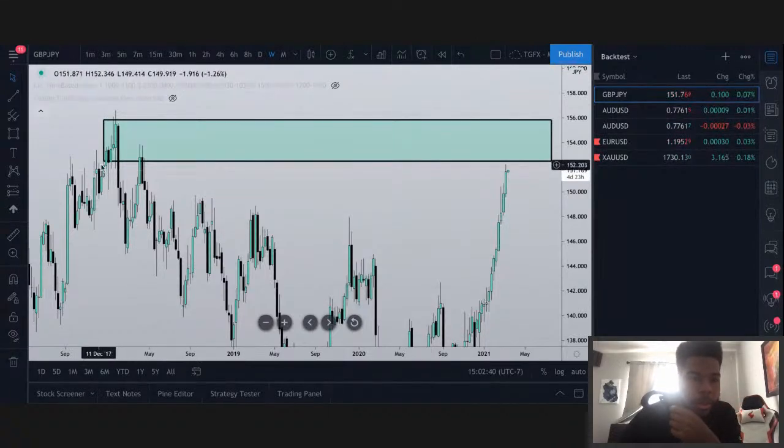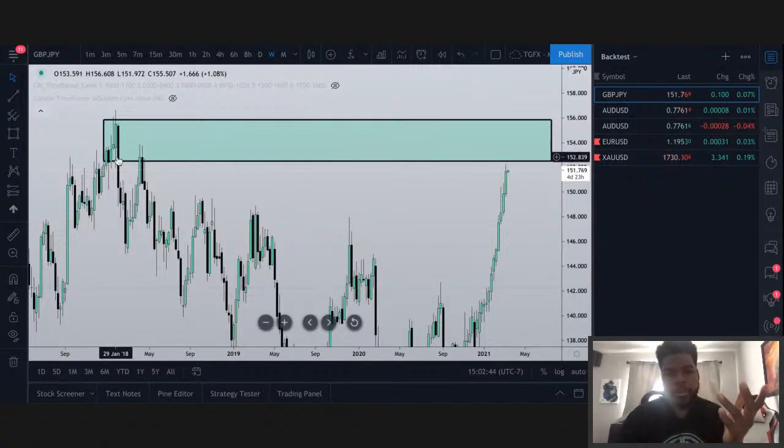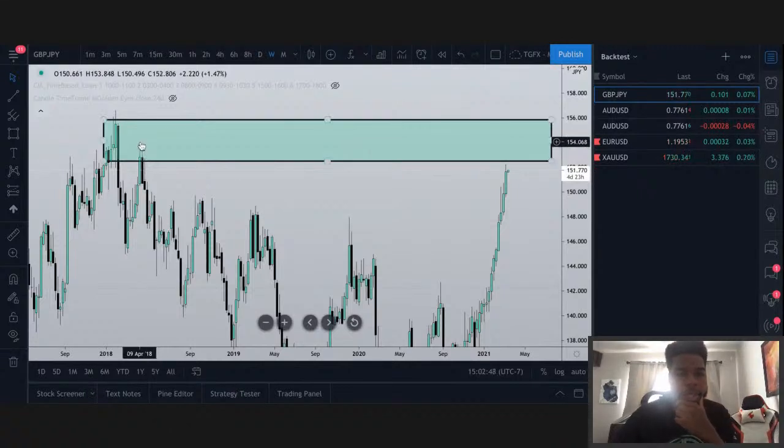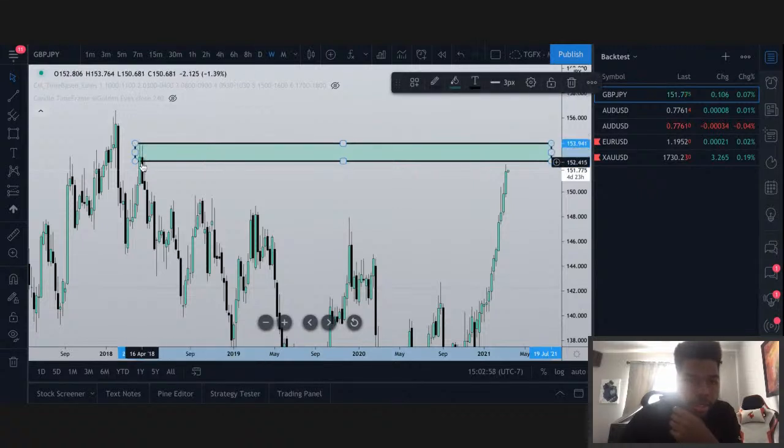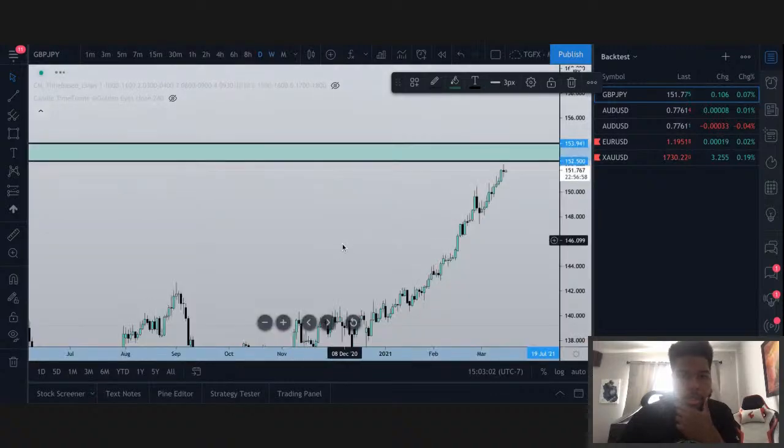Now, remember, since we're ranging here, as long as price doesn't close like 50% within the zone, it's still pretty accurate. So as we push up to it, what I can do is draw a daily zone now and tighten it up off of these reactions here. And what area is this? April 9th, 2018.